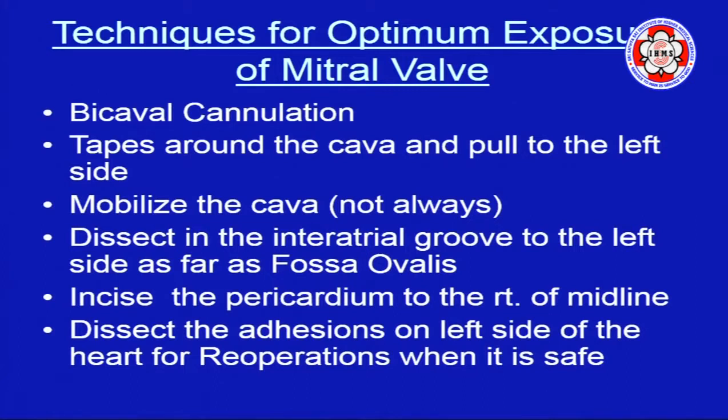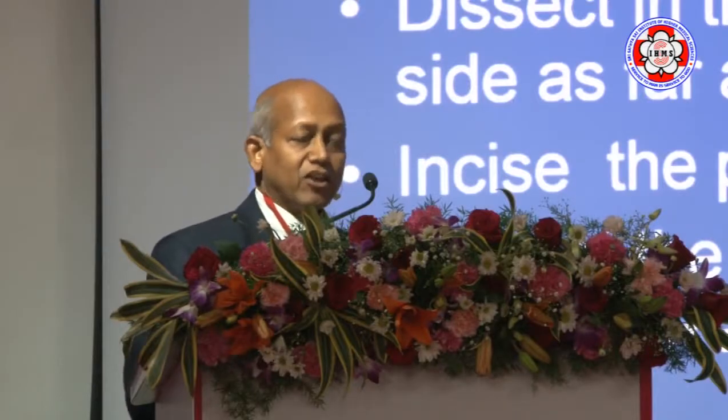So what are the techniques for optimum exposure of the mitral valve? Bicaval cannulation, I think, offers the best unobstructed view. Pass tapes around the vena cava and pull the cava to the left side. Mobilize the cava. I do not always do it. My suggestion is, have the tapes around the cava, expose the valve.